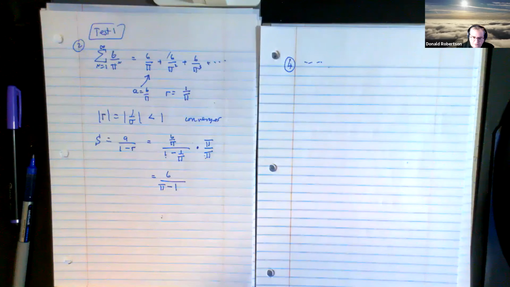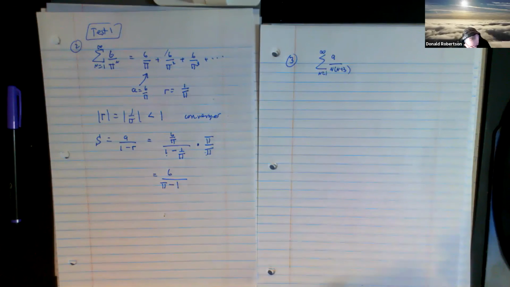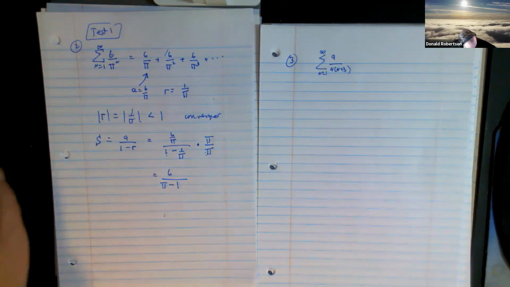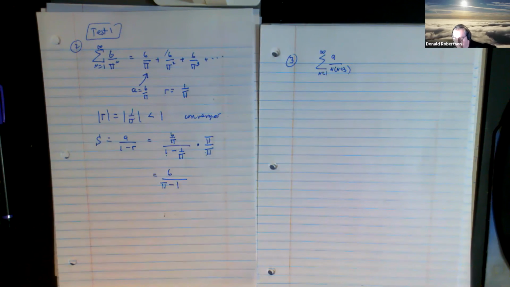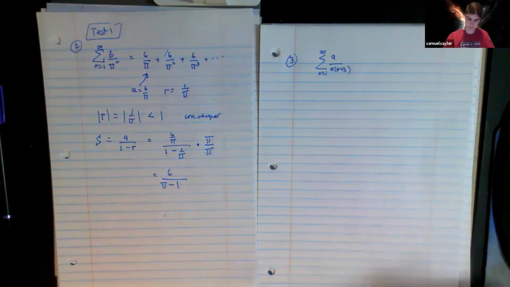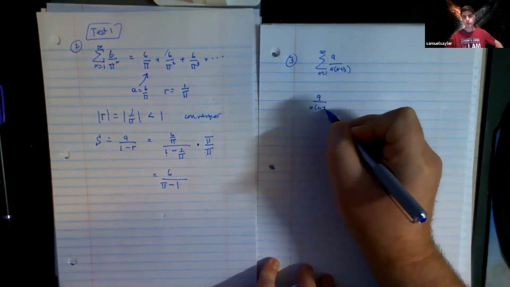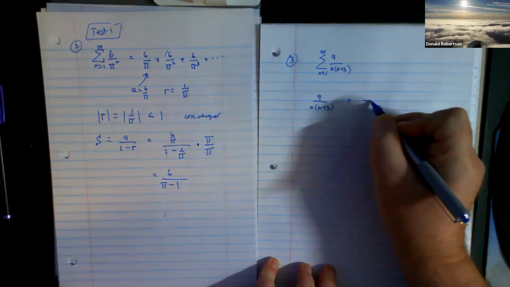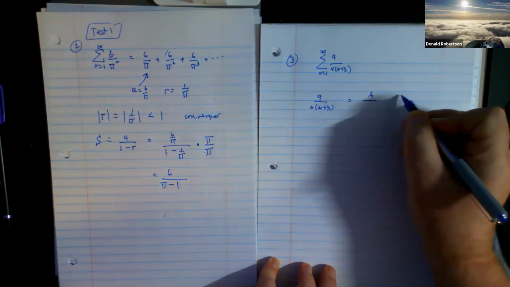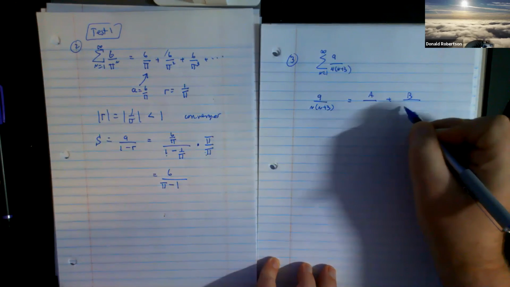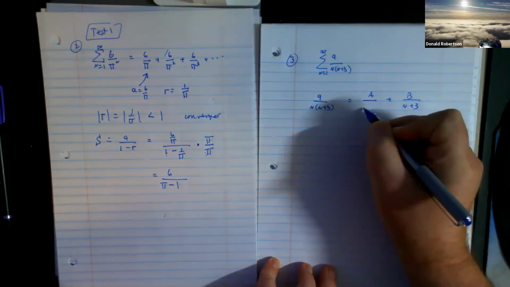You have to recognize what you're doing here. Do you recognize this as partial fractions? Yes. Good, so let's focus on that. Now I know it's going to be that.